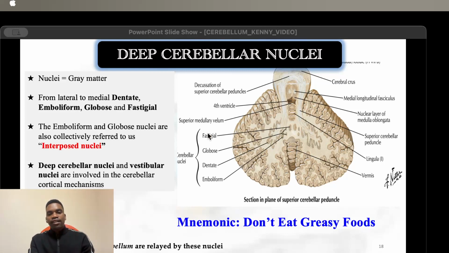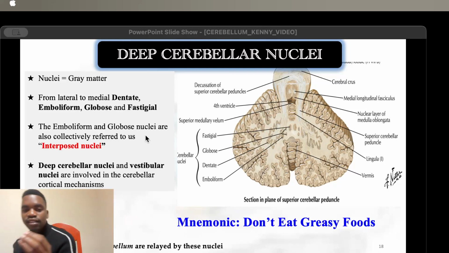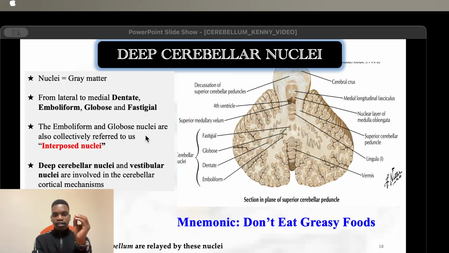Now, we have said the Purkinje cells will take the output from the cerebellar cortex into the deep cerebellar nuclei. So all that output from the cerebellar cortex will come into the deep cerebellar nuclei, and then from the deep cerebellar nuclei, this information can be taken into other parts of the central nervous system.